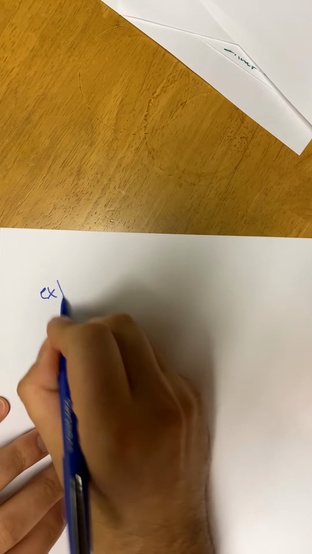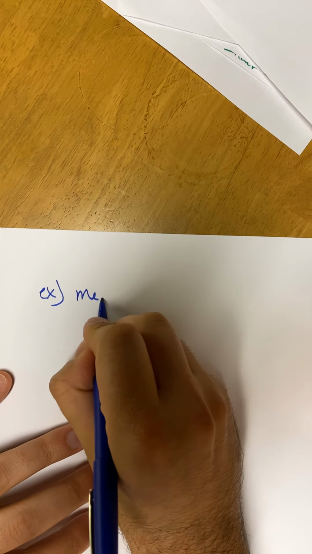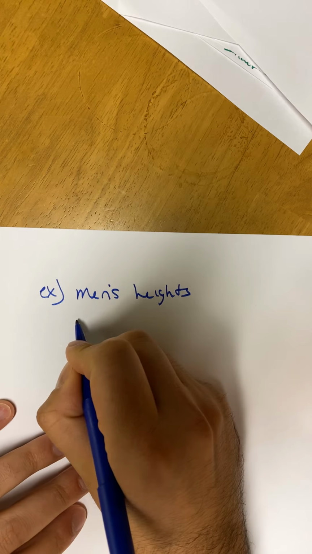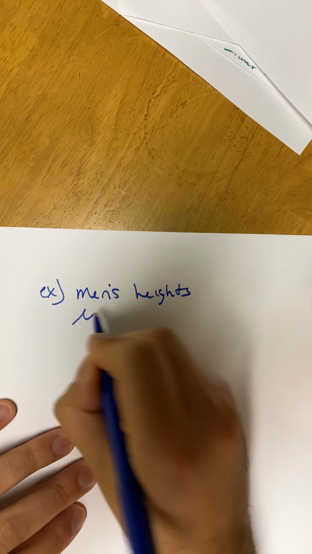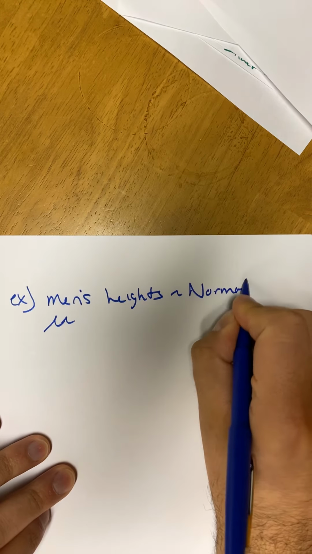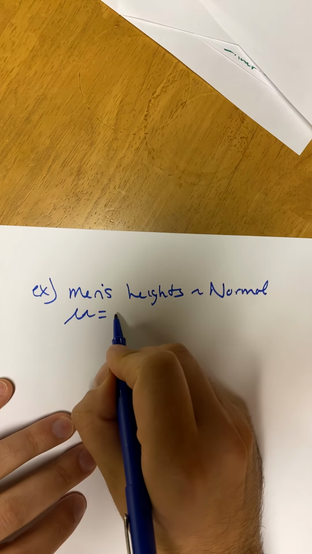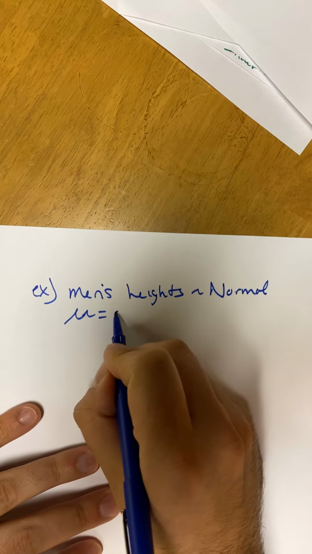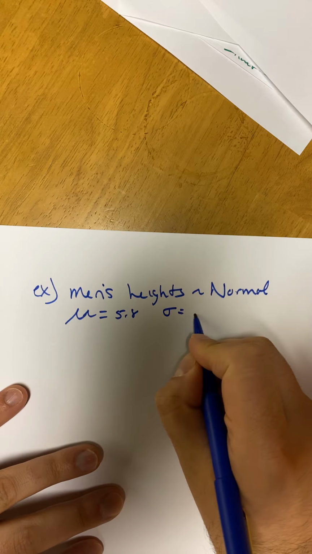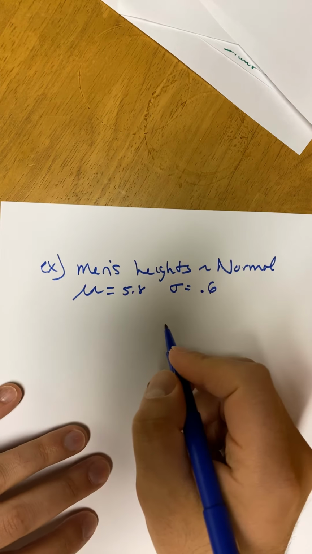Okay, so example, let's do men's heights. Men's heights are going to be normally distributed with a mean of, I have no idea, 5.8, standard deviation of 0.6.